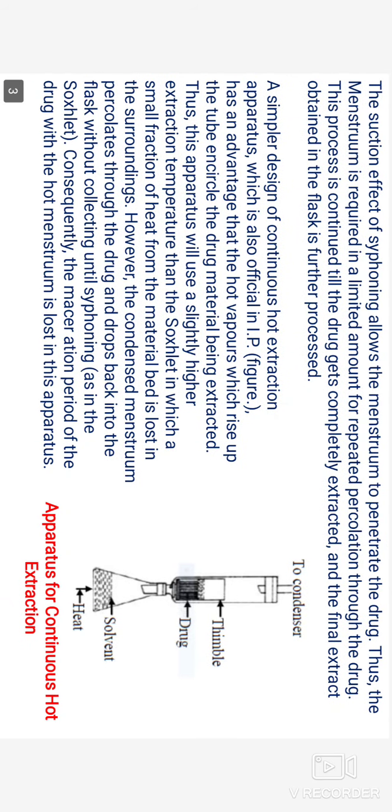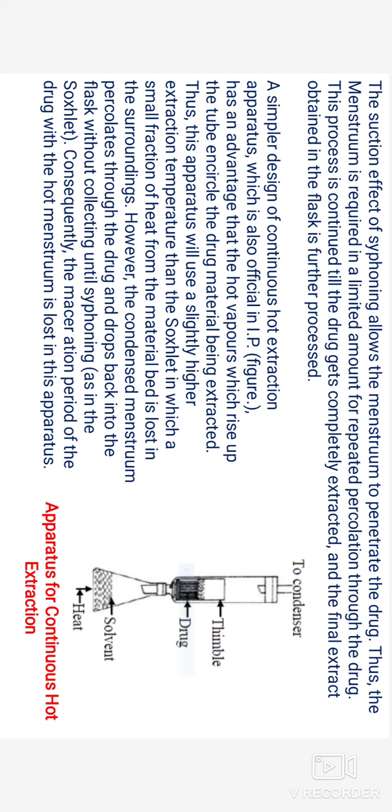The suction effect of siphoning allows the menstruum to penetrate the drug. Thus, the menstruum is required in a limited amount for repeated percolation through the drug. This process is continued till the drug is completely extracted and the final extract obtained in the flask is further processed.